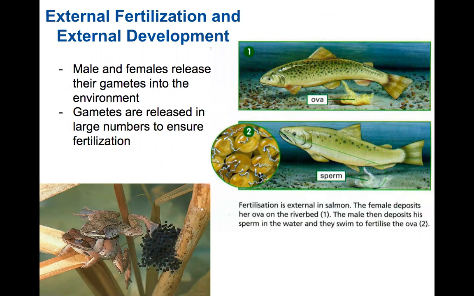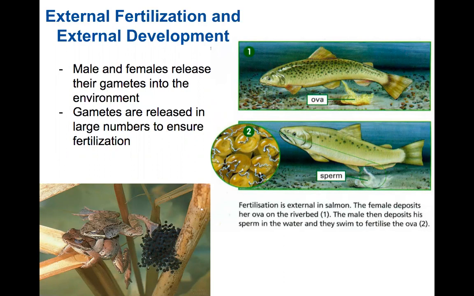But the problem is that when you release all of these gametes into the environment, you are subjecting all of the sex cells and the developing embryo to any changes in the environment, including toxins, pollutants, predators, and also the sheer chance that the sperm may not ever find the egg because of underwater currents, so to speak.